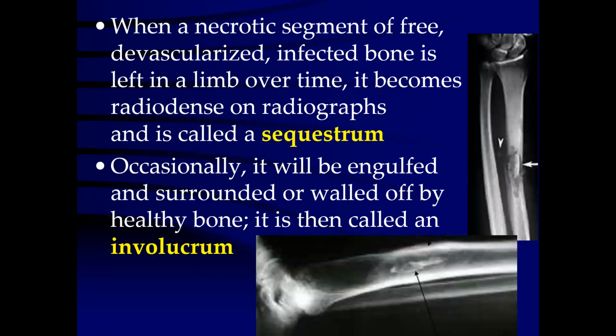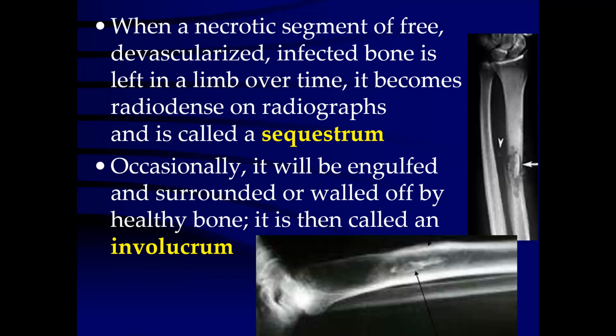When a necrotic segment of free devascularized infected bone is left in a limb, over time, it becomes radiodense on radiographs. And this is called the sequestrum. I repeatedly say sequestrum because I've asked this question on previous exams to name the dead bone, to name the bone which is increasingly intense or dense.